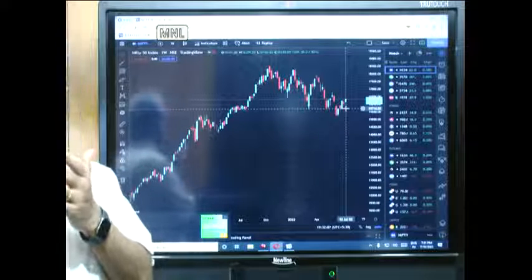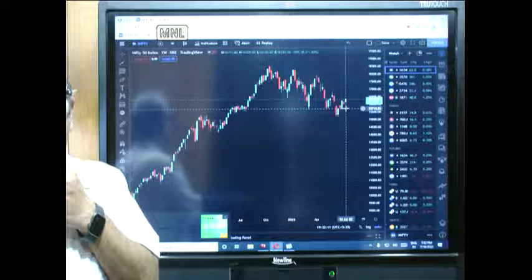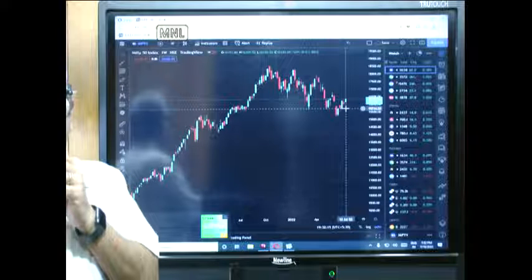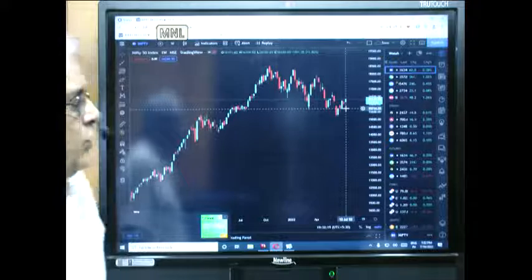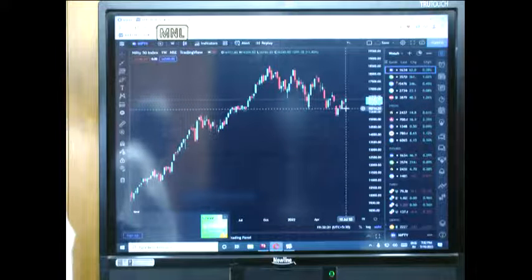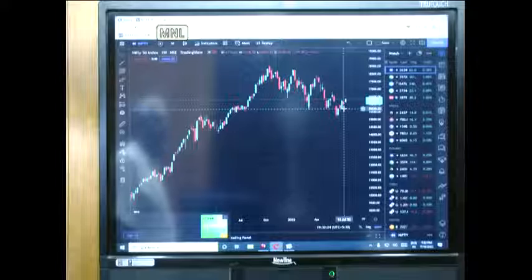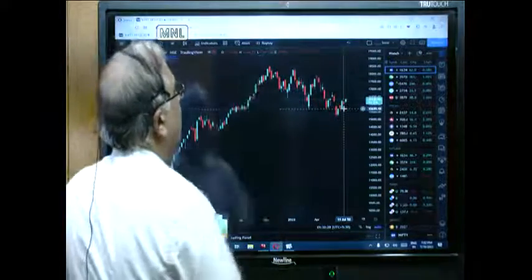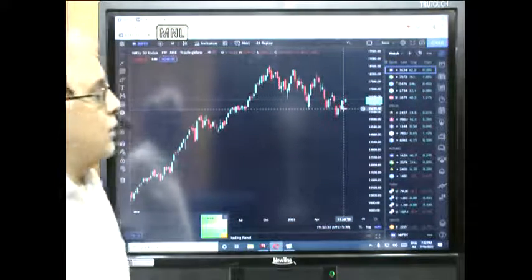So right now 16,142 having been the low, if that is the low, then we can expect something like 16,540, 542 also. Because every week we have seen almost 400 to 500 points. Last week, despite being a slightly smaller week, it is 16,248 to 15,858, which is approximately 400 points.